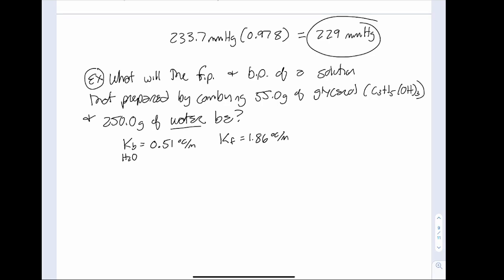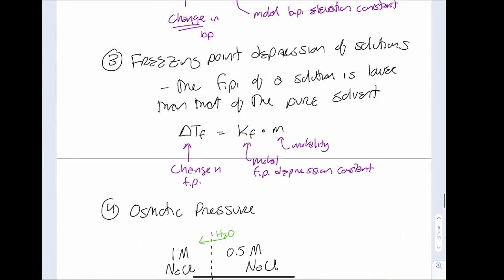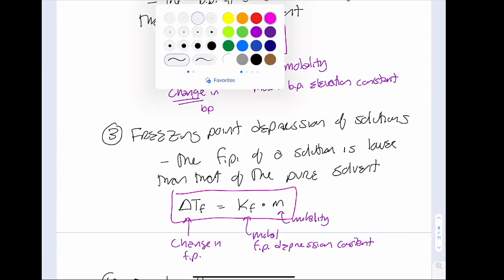I do need to calculate the molality, right? If we go up and look at our equations here, we can copy them back down, right? My change is equal to that constant times the molality for both of these. So we do need to calculate our molality.